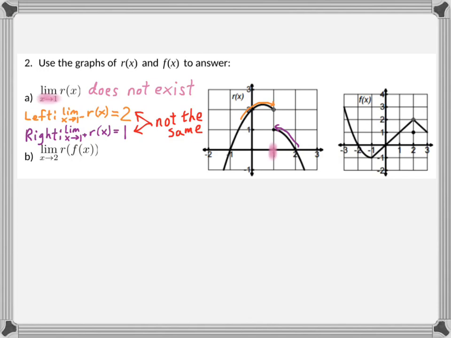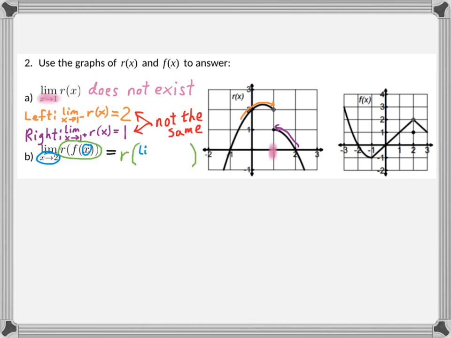Okay, so now let's look at the second one. Here we've got an interesting function. We've got a composite function, r of f of x. This could be interesting. I am interested for when x approaches 2. So x is really affecting, as x approaches 2, that's affecting f, not directly r.